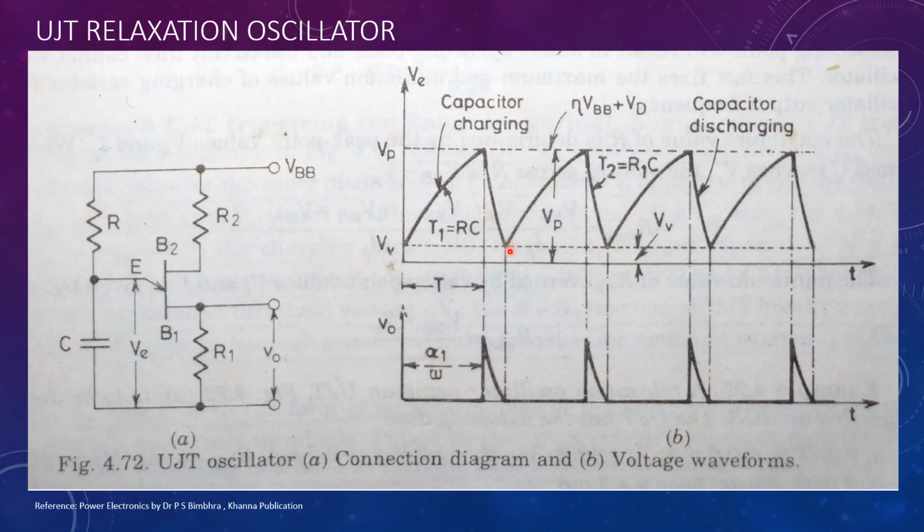As soon as the UJT turns off, the capacitor starts charging towards Vp again through the resistance R. The cycle continues and we will get a train of pulses across resistance R1. This train of pulses can be used to turn on an SCR.